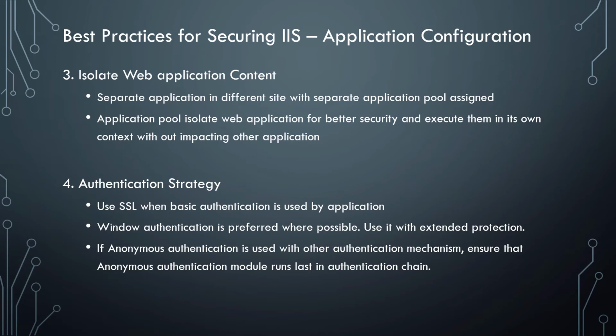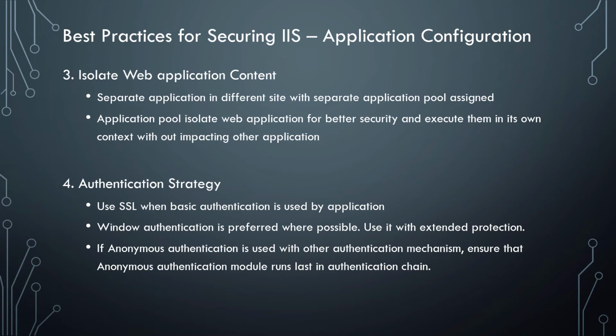From an authentication perspective, IIS supports various authentication approaches, and they should be carefully evaluated based on the application need. Some of the best secure hardening practices in this domain are as follows. SSL binding must be used for basic authentication.